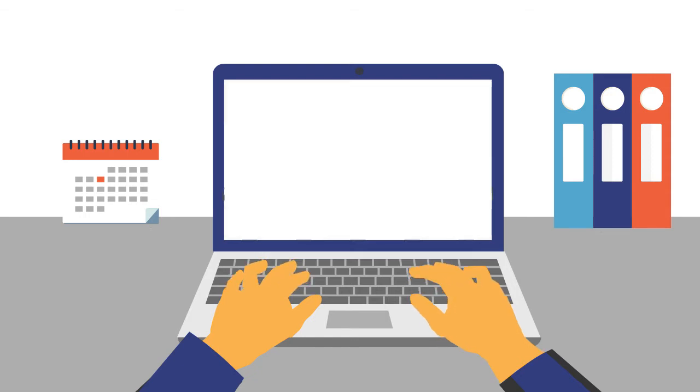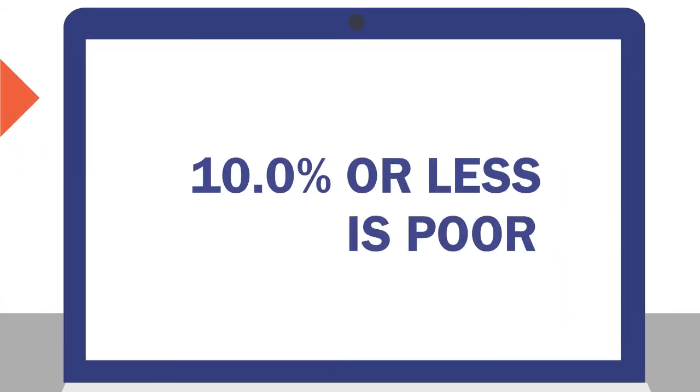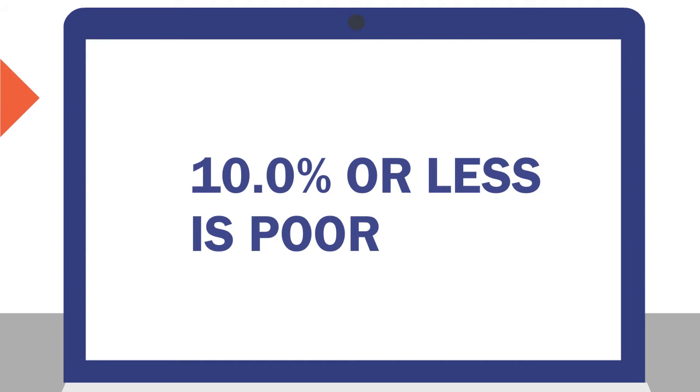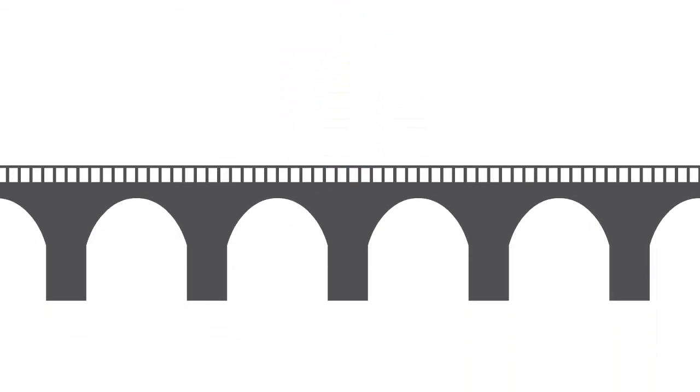If 10.0% or less is in poor condition, weighted based on bridge deck area, a state will be determined to have met or exceeded minimum conditions. FHWA is using these minimum condition levels to assist those states who may need support to strengthen their bridge and pavement program.